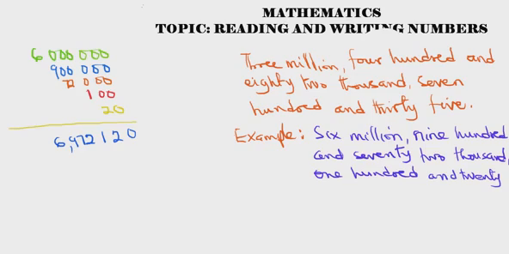So from here you can see that we've been able to write the number from words to figures. That's 6,972,120. You can see how we can write a number from figures to words and also from words to figures, and that is what our learning objective is talking about.